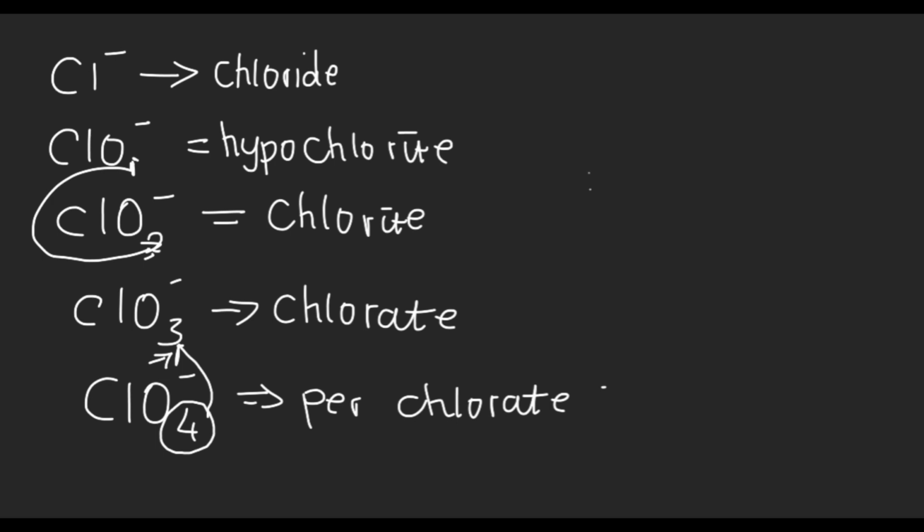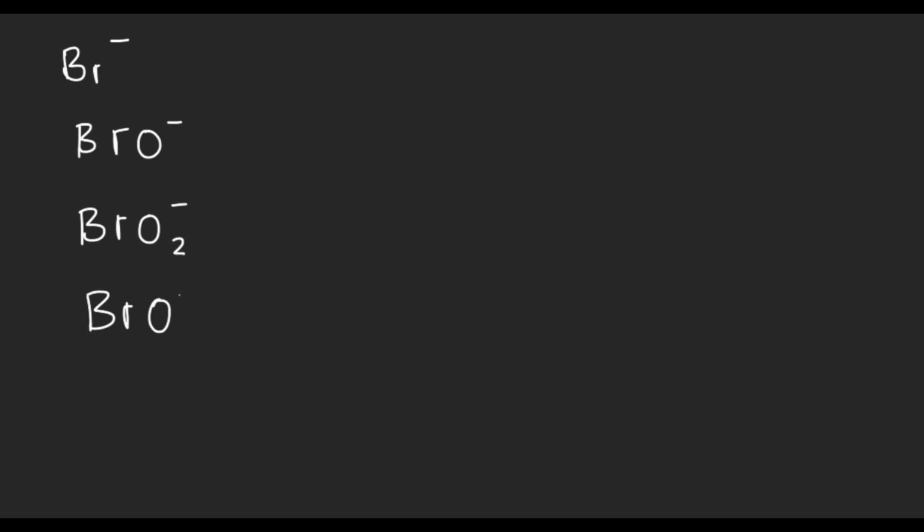Right, we move on to this one. So we have Br minus, then BrO minus, BrO2 minus, BrO3 minus, then BrO4 minus. So for halogens, whenever you have a group 7 element, the pattern is always the same.